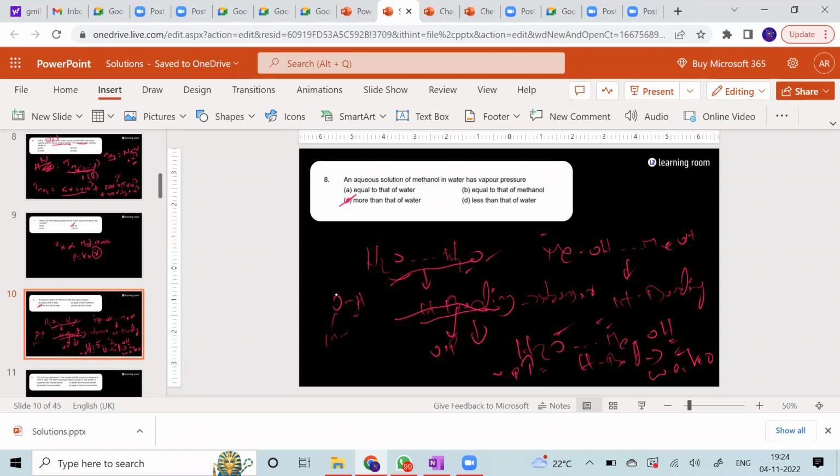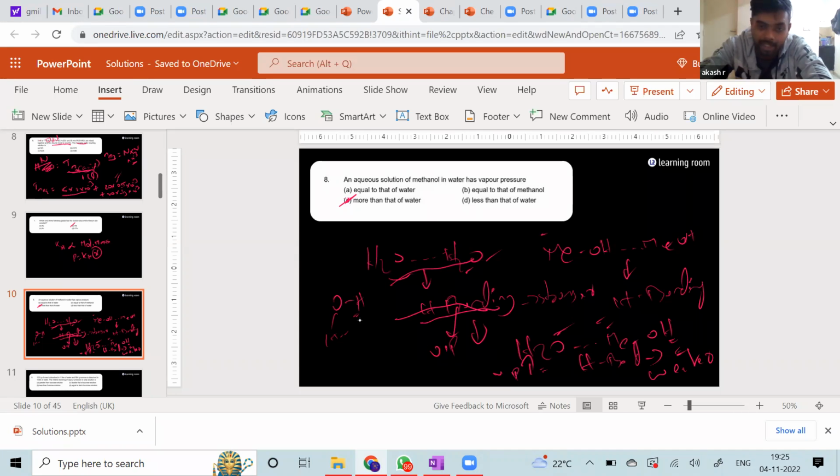Sir, could you repeat why the vapor pressure changes with methanol? The hydrogen bonding is becoming weaker. If I have to show it, all the conditions you have to understand are that I need to have hydrogen donors and hydrogen acceptors. Hydrogen donors are the ones which have an OH bond or FH bond or NH bond.